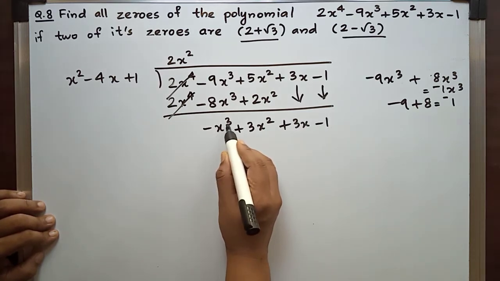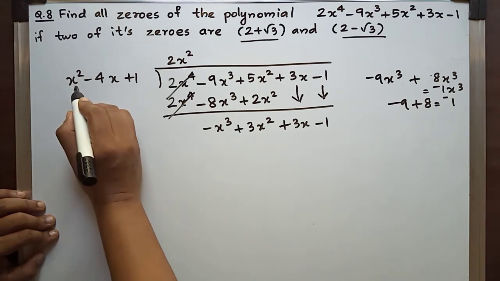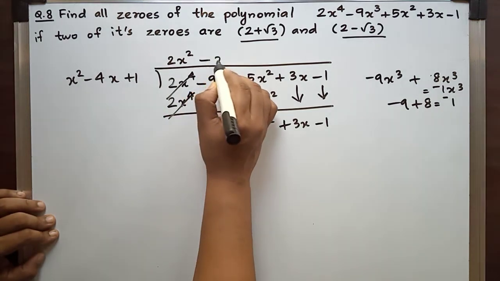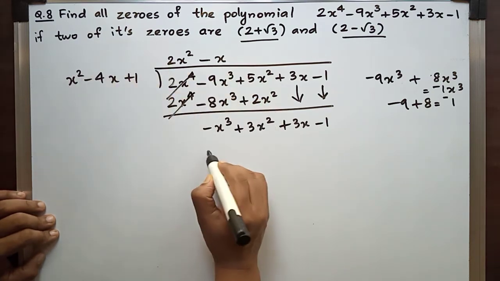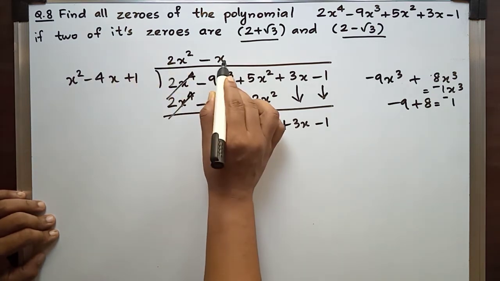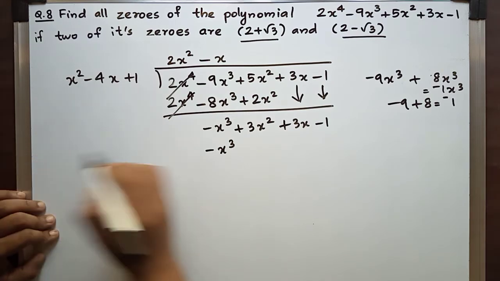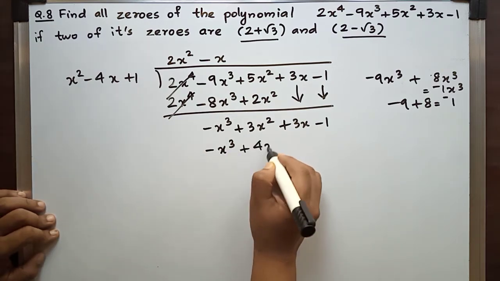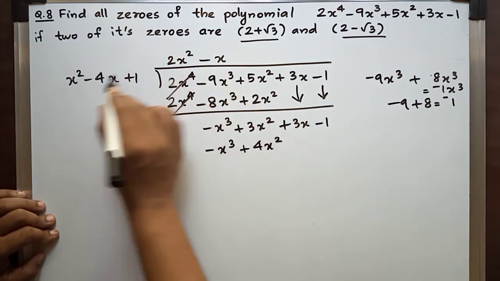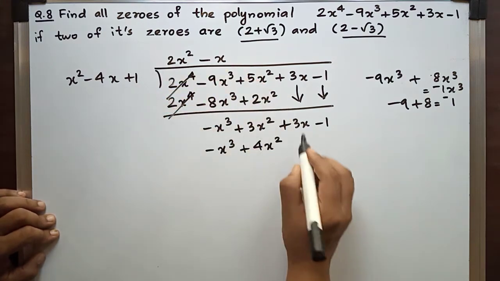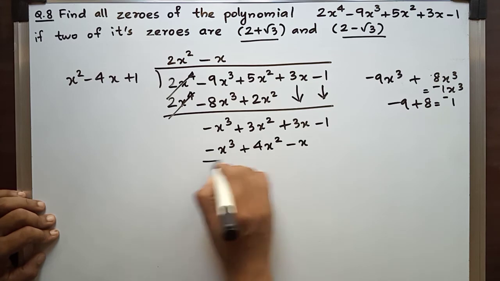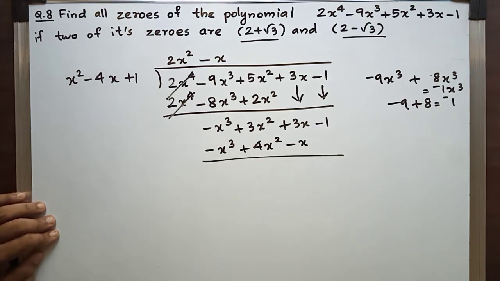Here we have x cube and here we have x square. So we have to multiply it by minus x. Minus x into x square is minus x cube. Minus x into minus 4x is plus 4x square. Minus x into plus 1 is minus x. Again we are going to do subtraction.